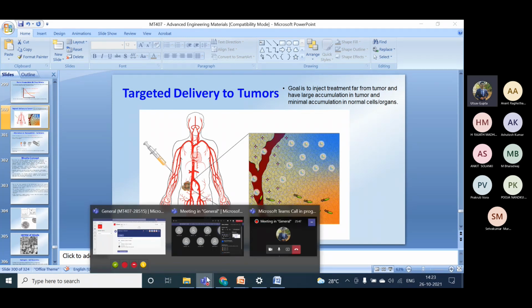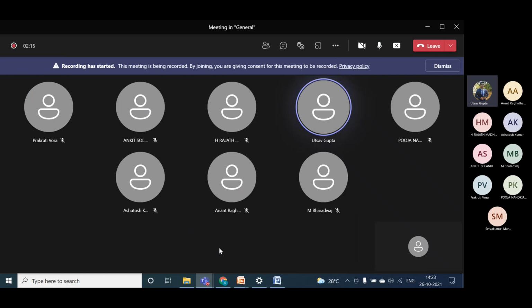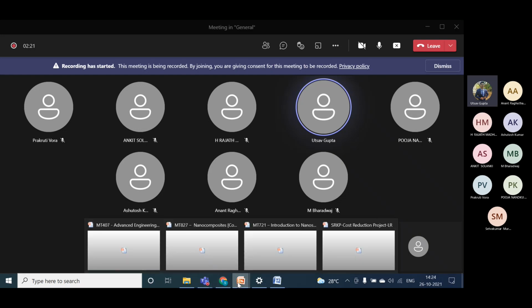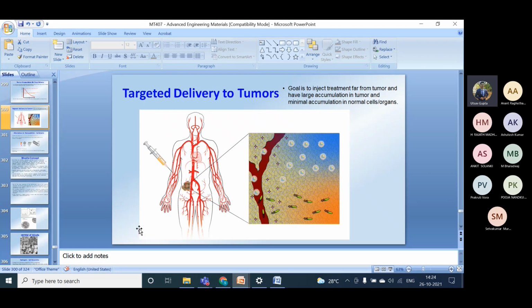Also, is there any involvement of a virus in this process? Like in the other example, where a harmless virus was used for targeting. Is it the same thing here as well? Yeah, you can use that route as well.